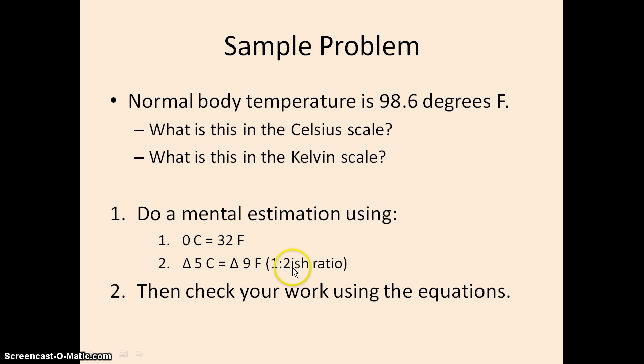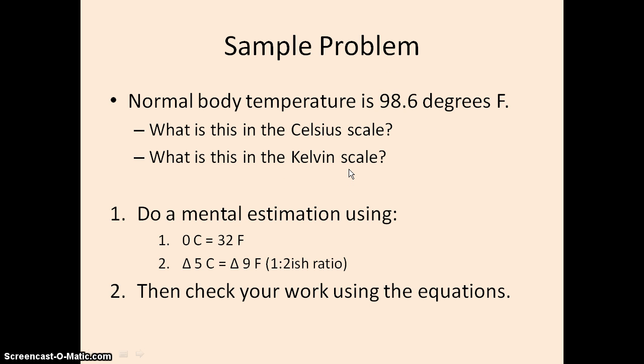And then there's a 1 to 2 ratio between Celsius and Fahrenheit, so I divide my 70-ish by 2. 70 divided by 2 is 35 degrees Celsius. That's my guess.